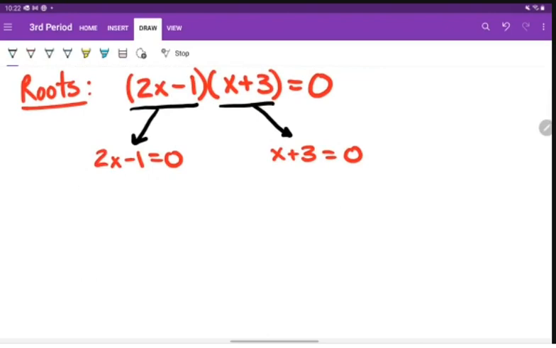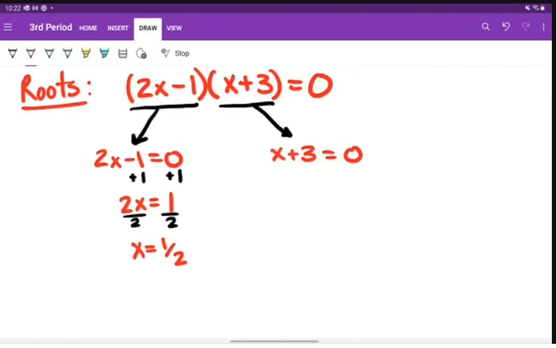On the left, to solve this one for x, we need to just add 1 to both sides, which requires us then to divide both sides by 2. So when I do that, I end up with x equals 1/2, or 0.5. It'd be fine to express your answer as a decimal.